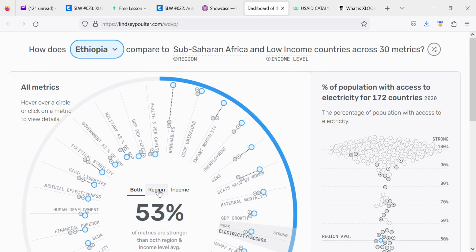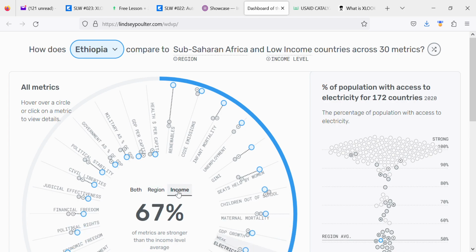If you click on the income, 67% of metrics are stronger than the income level average.